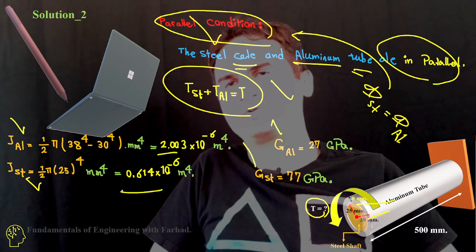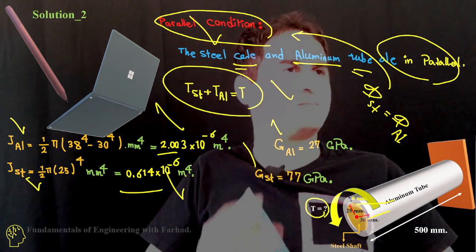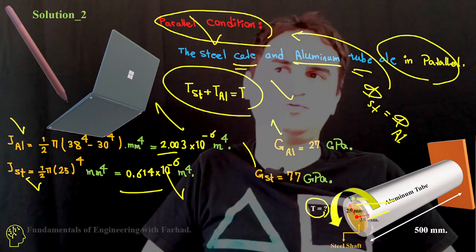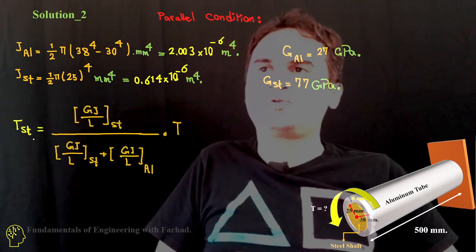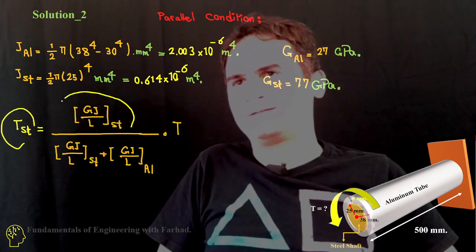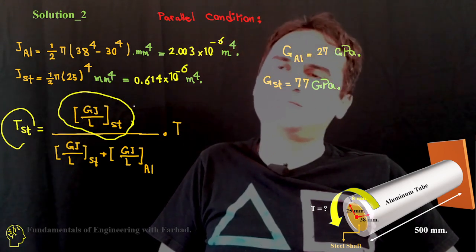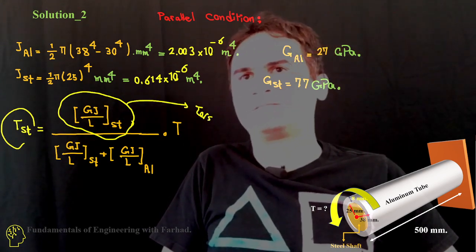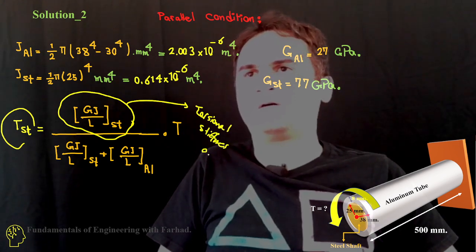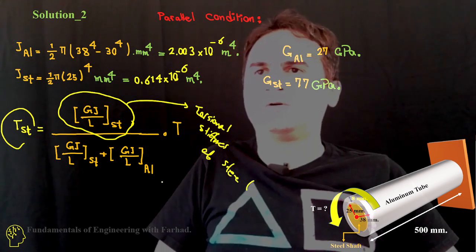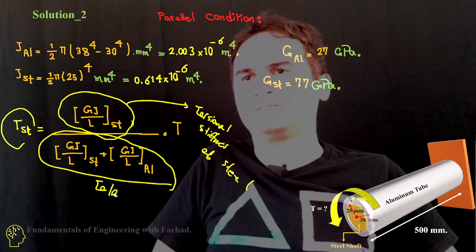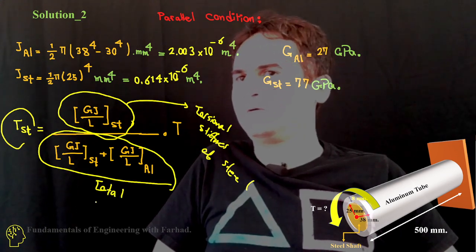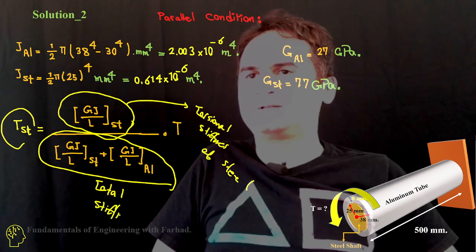If you calculate both of these, like in the previous solution, we calculate the polar moment of inertia for both of them. And then the portion of steel is the torsional stiffness of steel over the total stiffness.